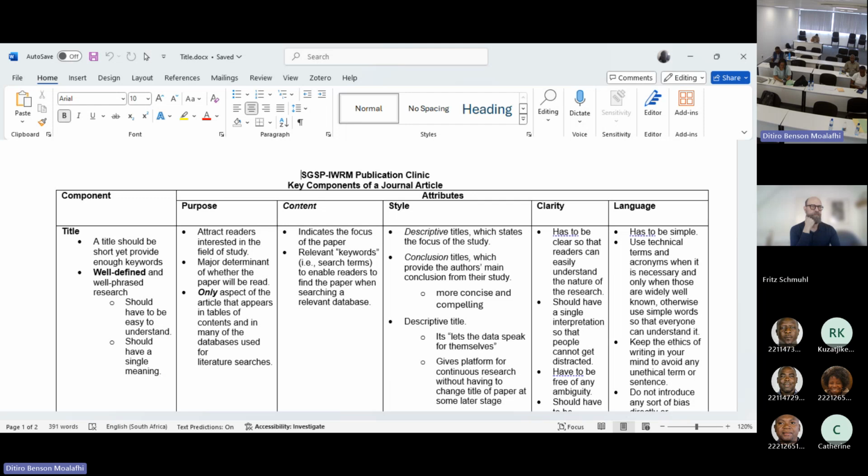So what we have, even as we talk about this, the title and the abstract are very, very key. So now, the title is almost analogous to your name. And for a name, there's always a face to the name, which will be the abstract.